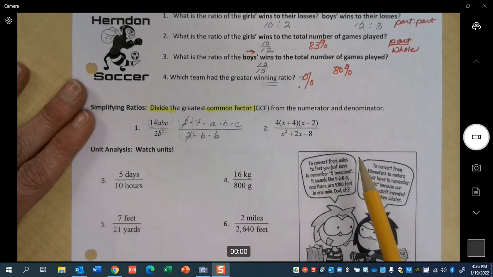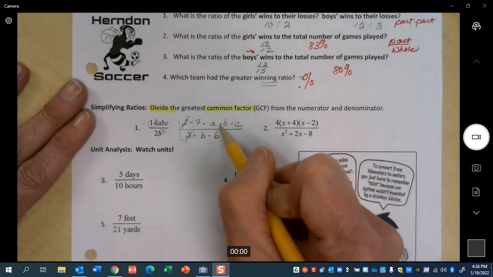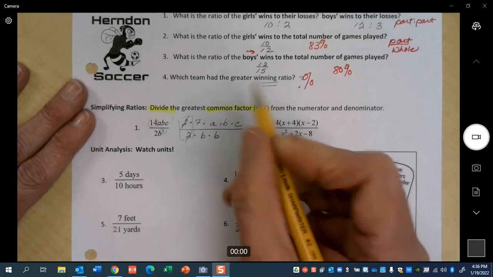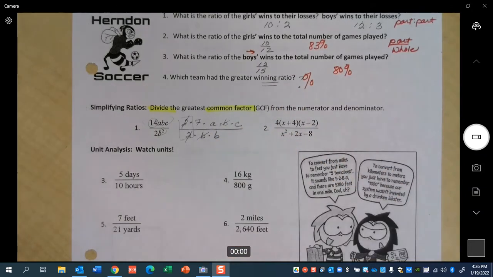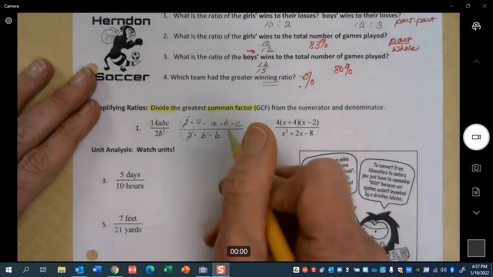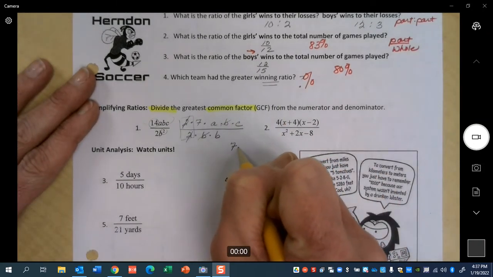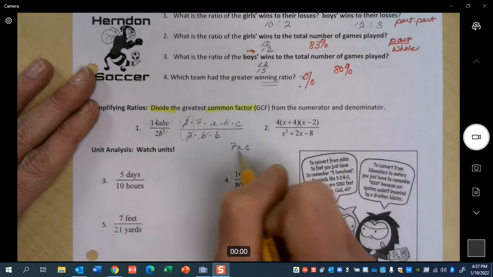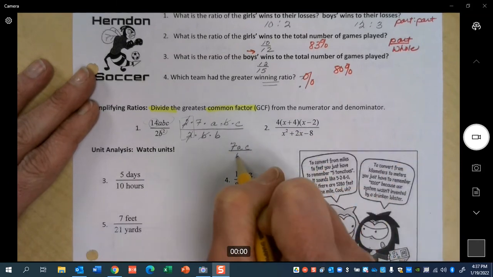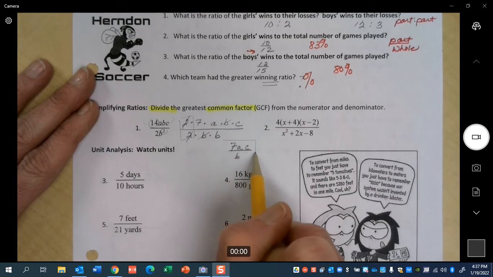That seems silly. So B, and it doesn't matter which B you choose here, that's going to cancel out. So when I go to simplify this value, in my numerator I have 7 times A times C. In my denominator, I have just 1 B.